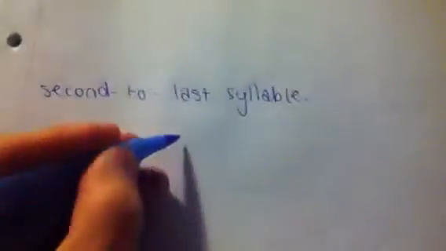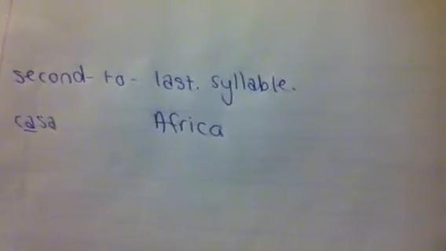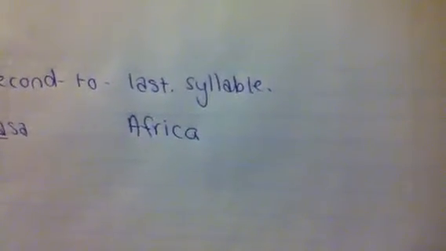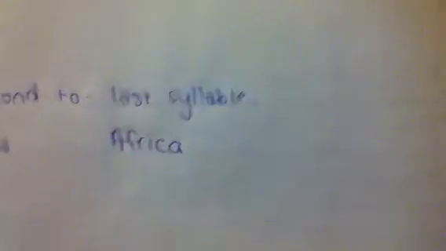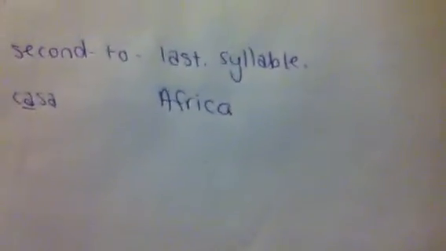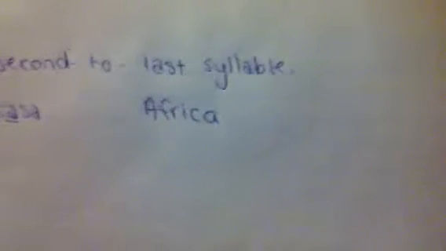But how about if you have a word like África? Where's the accentuation? And according to this rule, how would it sound? Africa. That does not sound right. The word is África.